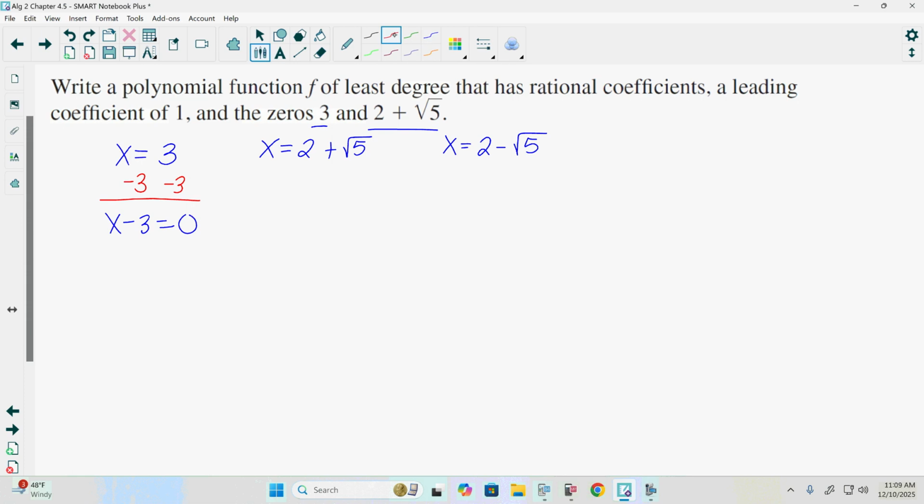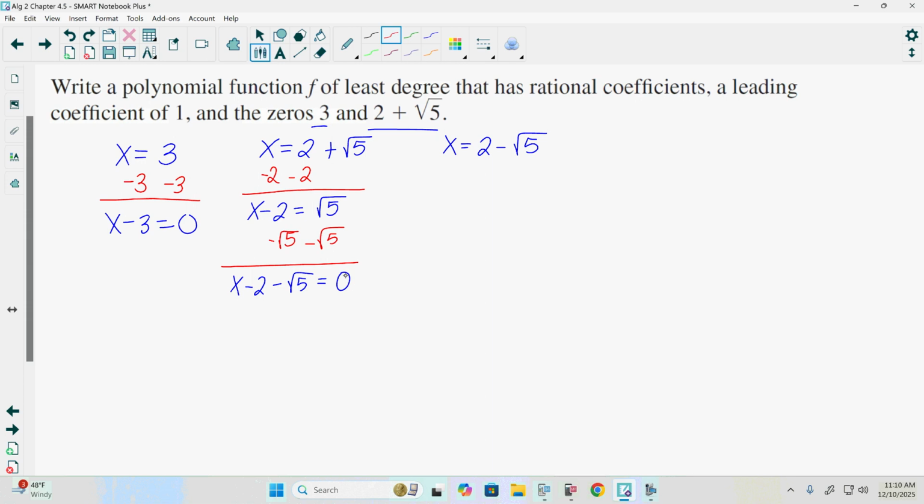We have to do a little bit more with the 2 plus the square root of 5. Because just like the first one, I can subtract 2 from both sides, telling me that x minus 2 is equal to the square root of 5, but again, we need it equal to 0. So we're also going to subtract the square root of 5, telling us that x minus 2 minus the square root of 5 is 0.